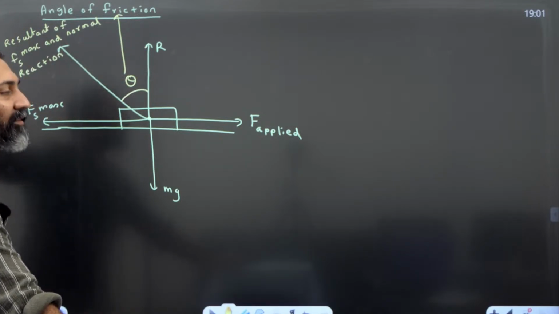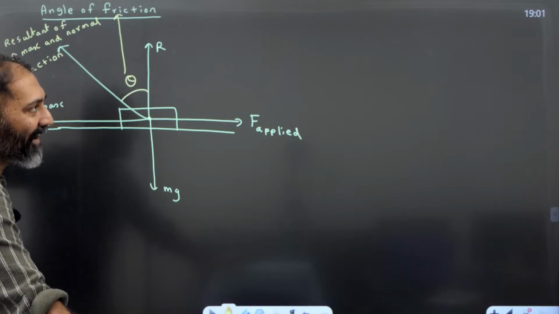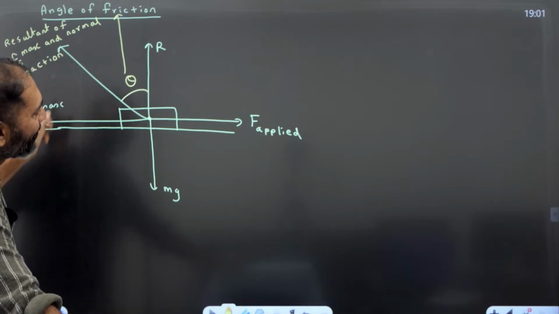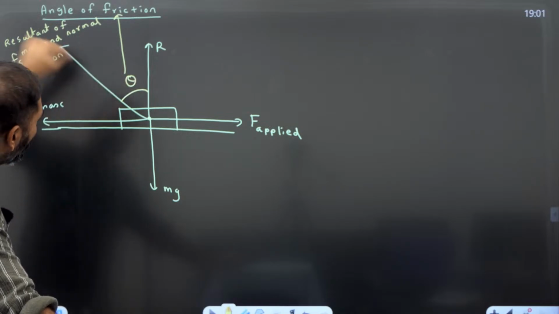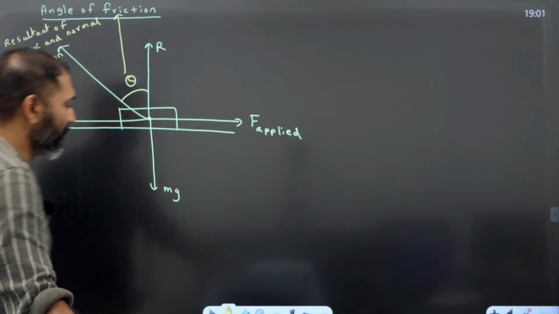If somebody asks me what is angle of friction, my answer would be: it is the angle between the resultant of Fs max and normal reaction, that is this one, with the normal reaction.